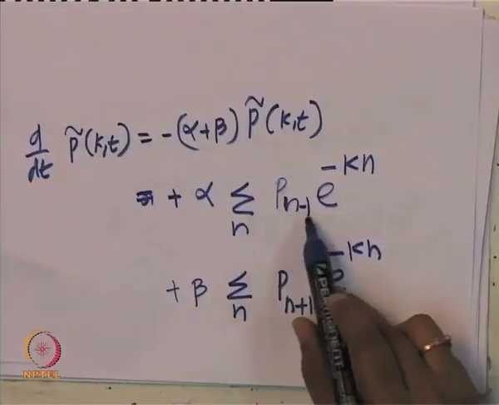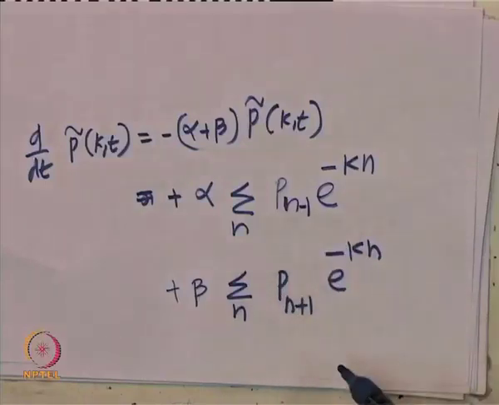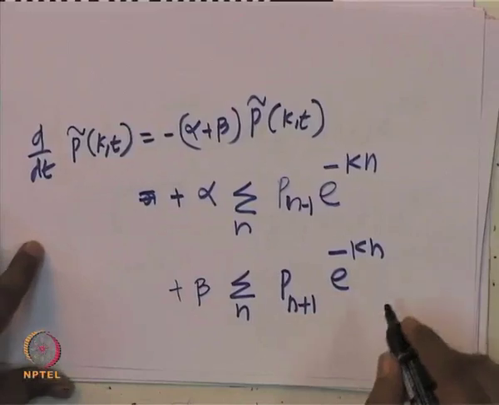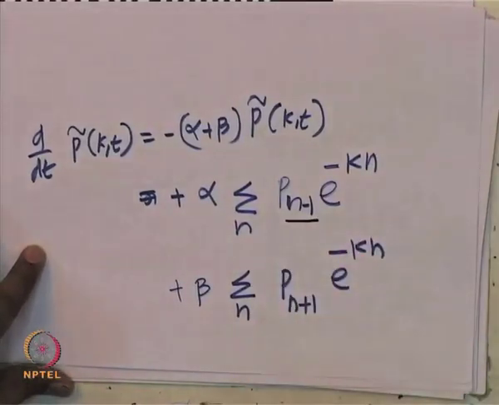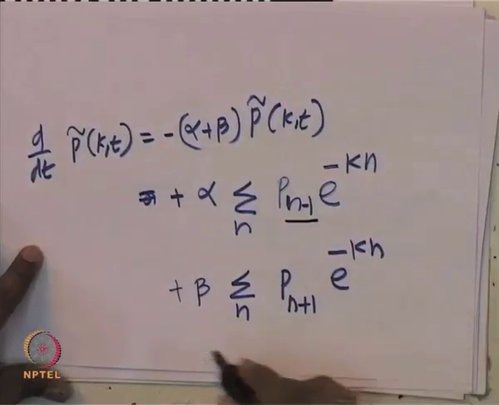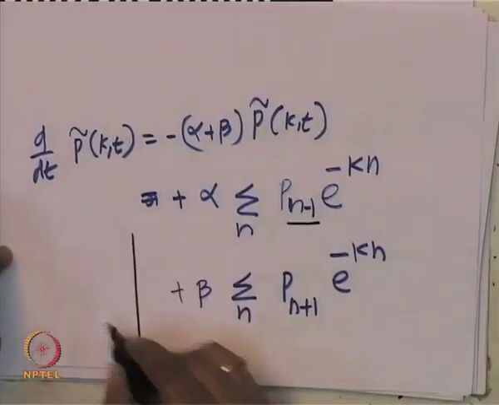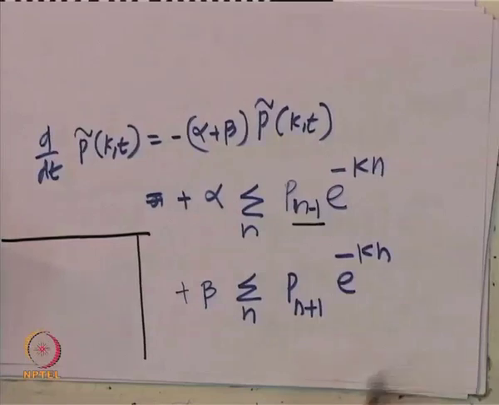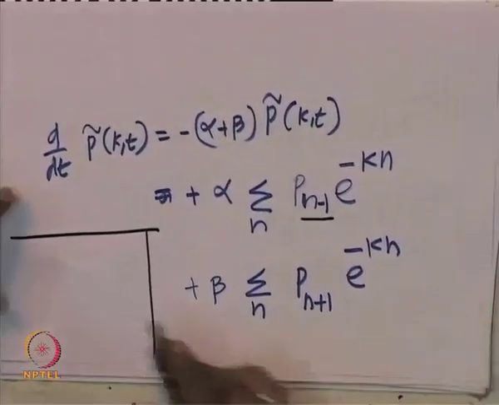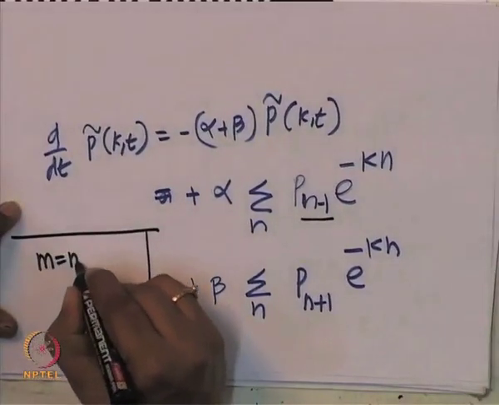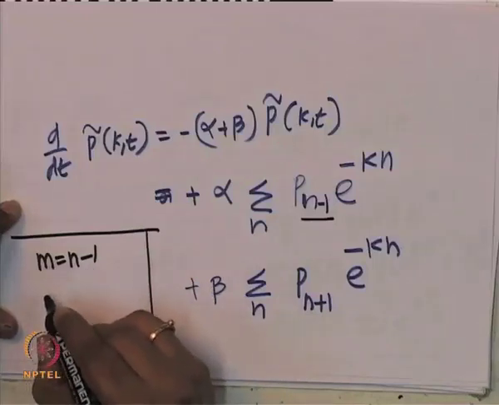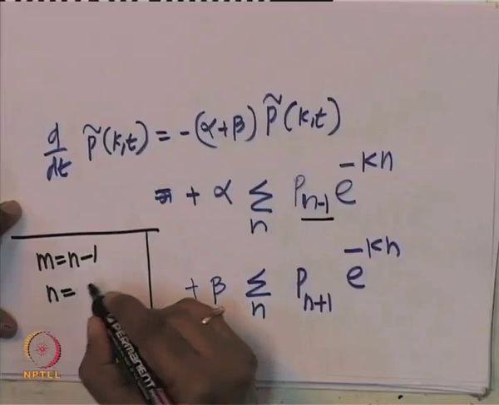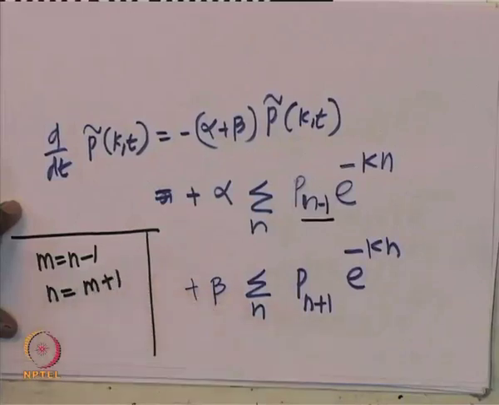So, I can do a small trick here. Let me define m is equal to n minus 1. So, if we define m is equal to n minus 1, what is n? n is equal to m plus 1.